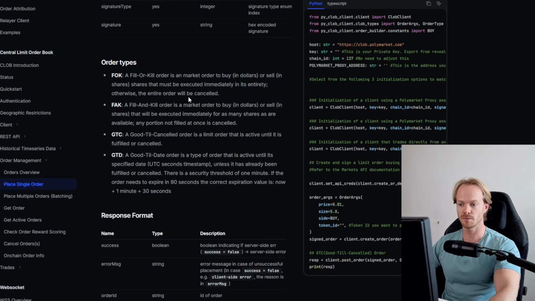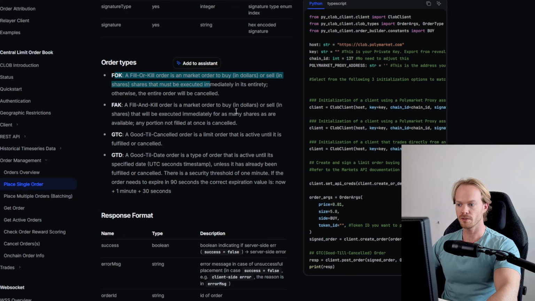But there's another one that they call fill and kill order, which is a similar order. It's a market order to buy in dollars or sell in shares that will be executed immediately for as many shares as are available. Any portion not filled at once is cancelled. I actually haven't tried this one myself.